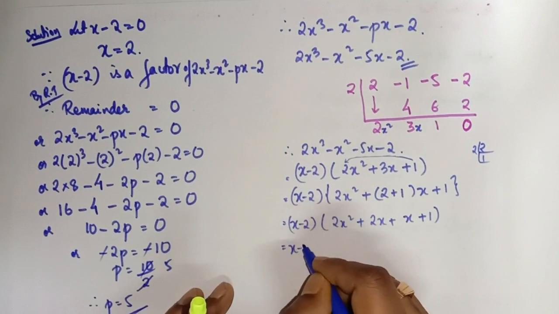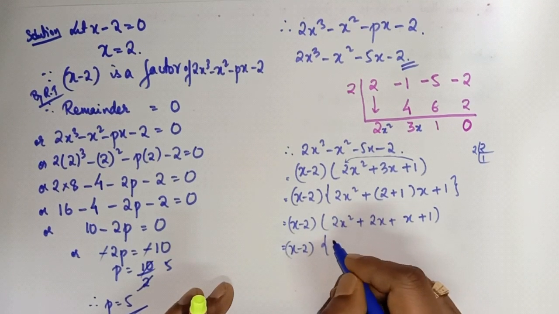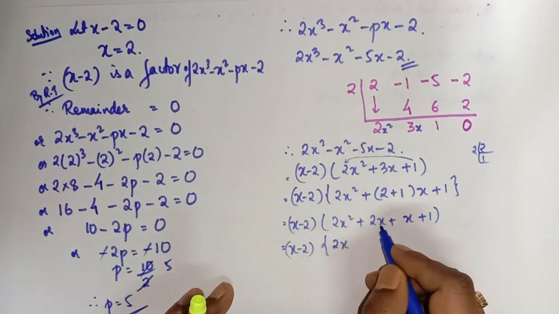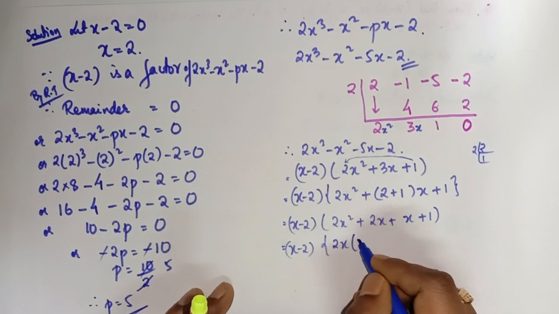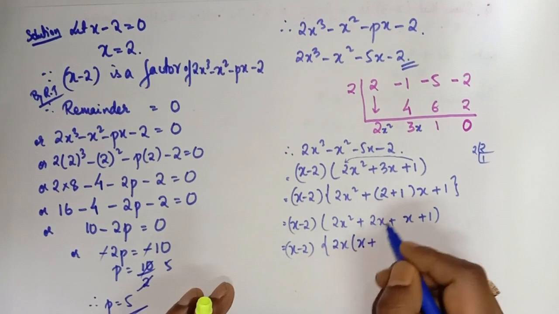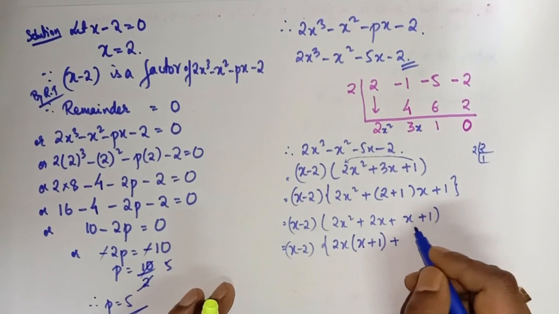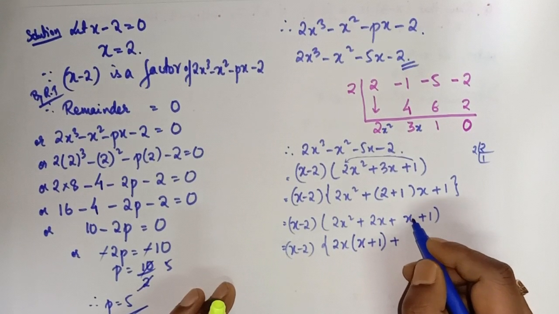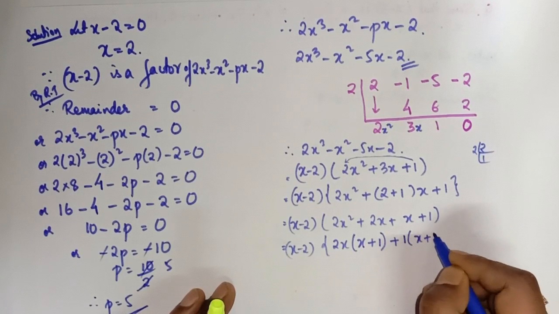Now we have to take common. What will be common in these two? 2x will be common. You can see here 2x square and 2x. So 2x is common, x is left over. Plus, there is no common, and no common means there is always 1, because x into 1 and 1 into 1. So I can take 1 common. So what is this? x plus 1.